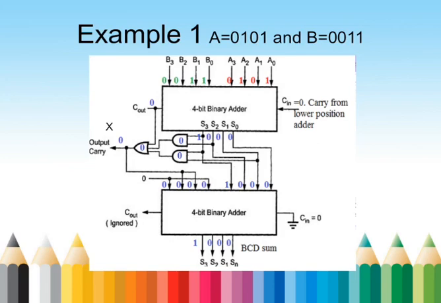The first AND gate has inputs 1 and 0, so its output is 0. The second AND gate also has inputs 1 and 0, so its output is also 0. So Cout is 0 and both AND gate outputs are 0. Hence X is 0. Whenever X is 0, the obtained sum output is valid. So 1000 is a valid BCD and its decimal equivalent is 8.